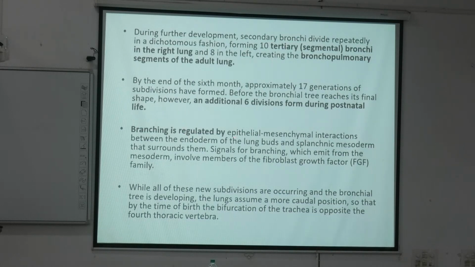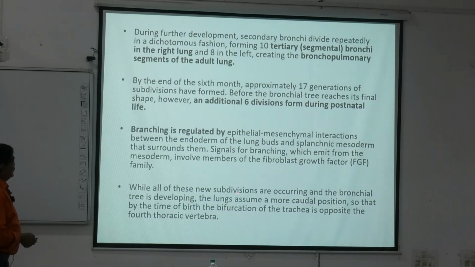Now, branching is regulated by epithelial-mesenchymal interaction between the endoderm of the lung buds and the flanking mesoderm that surrounds them. Signals from the mesoderm involve members of the fibroblast growth factor family.